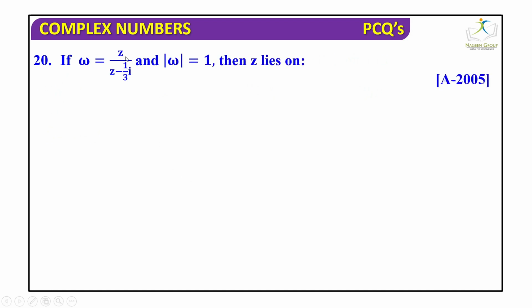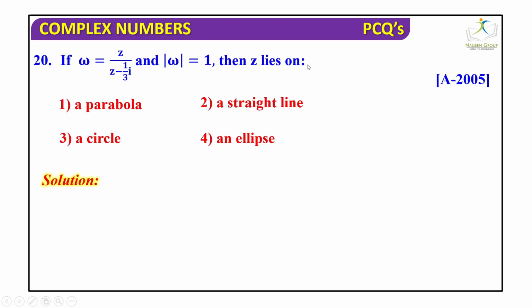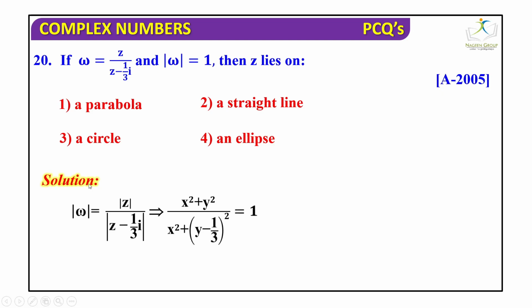Question number 20. If w equal to z by z minus iota by 3 and modulus of w equal to 1, then z lies on. These are the options. For this we take the modulus of w is equal to modulus of z by modulus of z minus iota by 3.